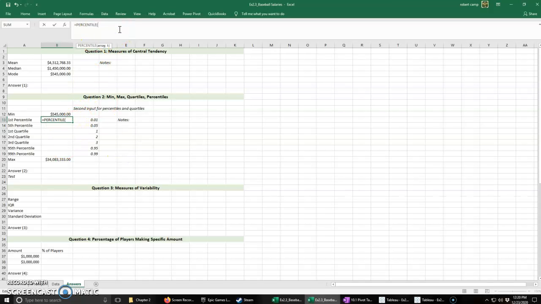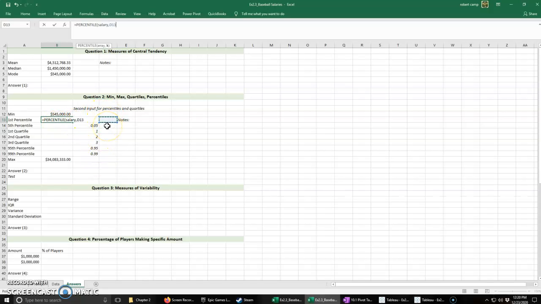And so the array that it's looking for is our salary data. So we're going to go for our salary, and then it wants to know what K is. So K being what is that percentile. So first percentile, fifth, and so on. Of course, I can't click on this here, so I could type in, I know it's C13, or I'm going to use my right button, which isn't going to work for me for some reason.